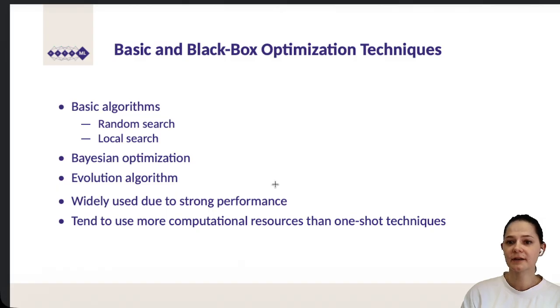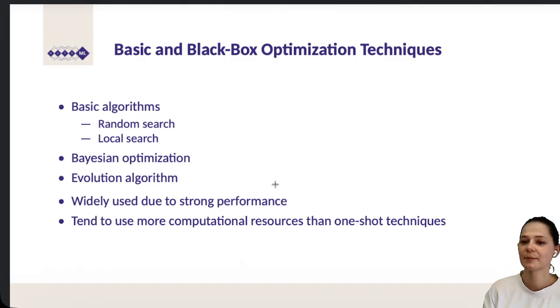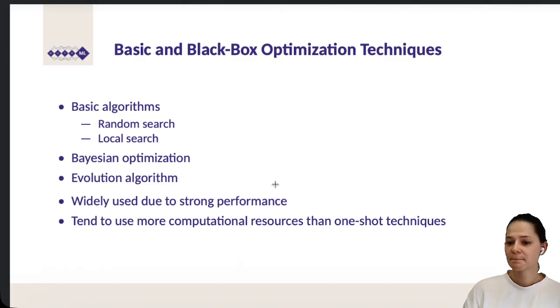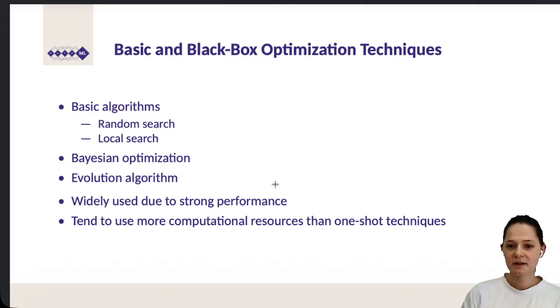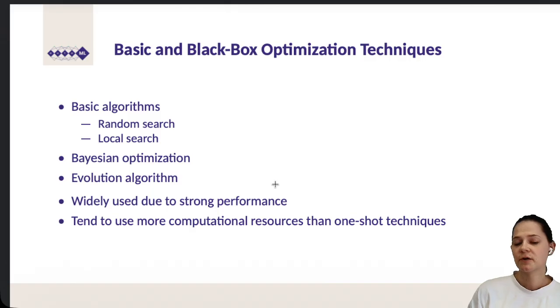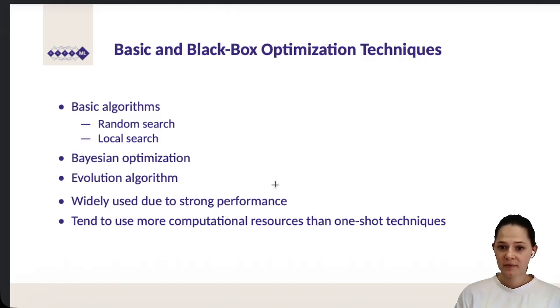First of all, I'll give you an overview of basic and black box optimization techniques. Basic algorithms can be, for example, random search or local search, whereas black box optimization techniques, as you have also seen in hyperparameter optimization, can be Bayesian optimization or evolutionary algorithms. These are widely used due to their strong performance.